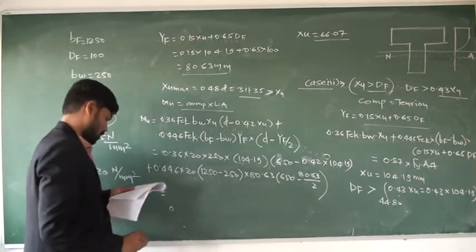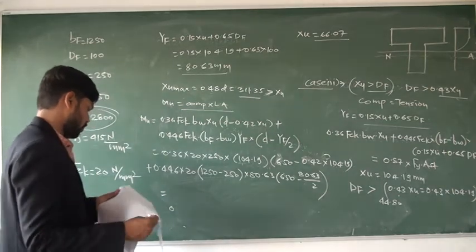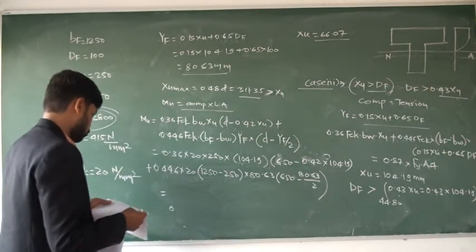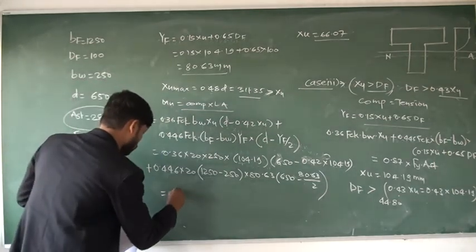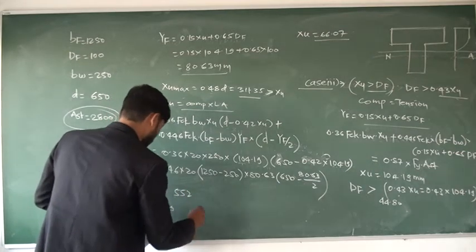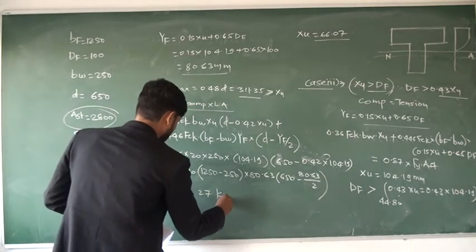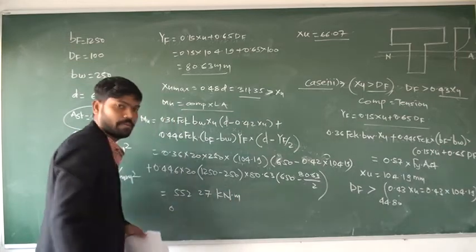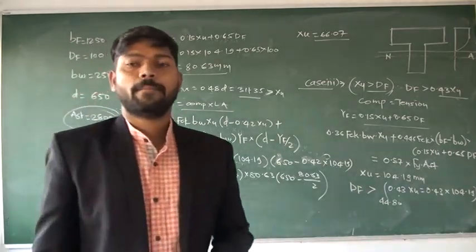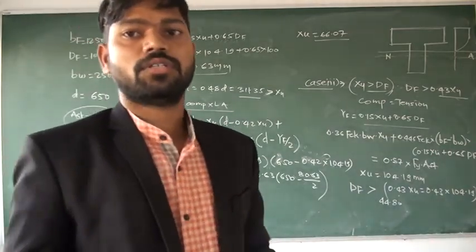Okay. If you calculate this, you will get the value of Mu, that is 552.27 kilonewton meter.